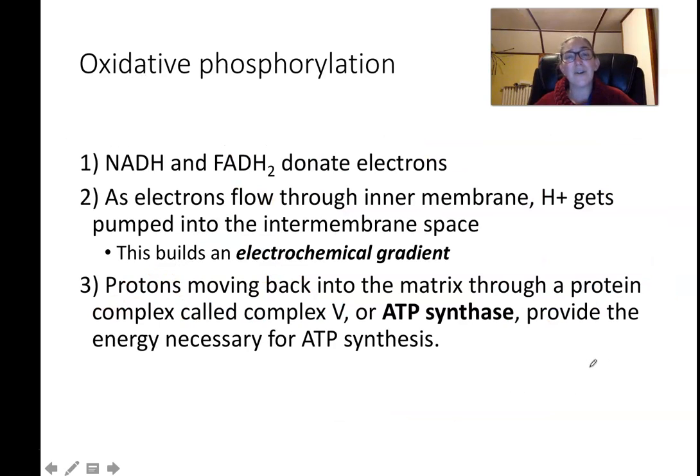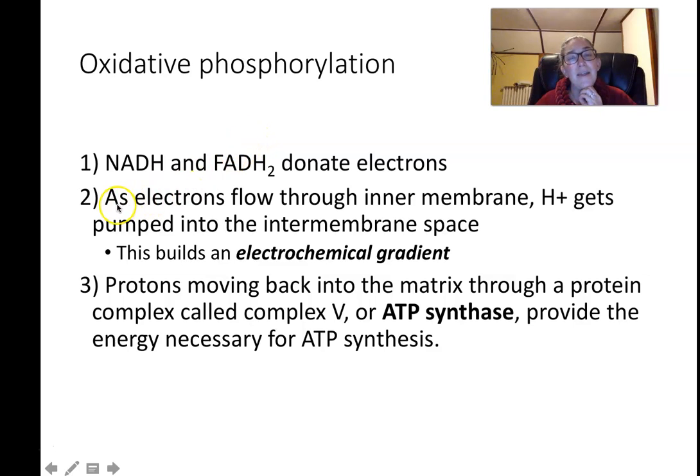All right, so this is just a summary of what's going on in that previous slide. NADH and FADH2 are our electron taxis. They drive the electrons from the citric acid cycle to the electron transport chain, where they drop them off at either complex 1 or complex 3.